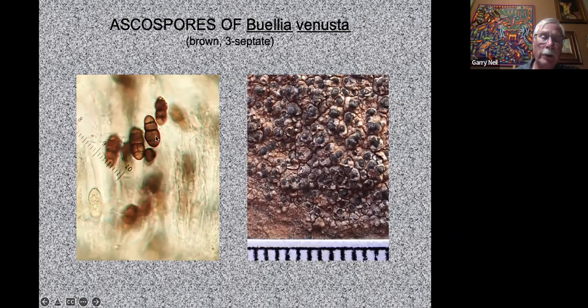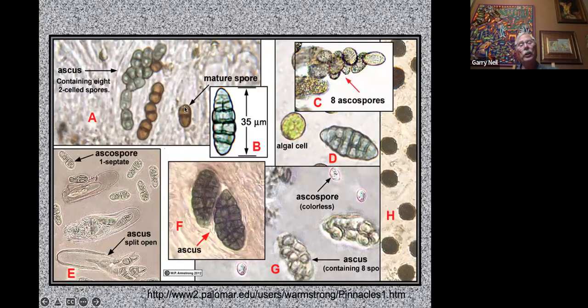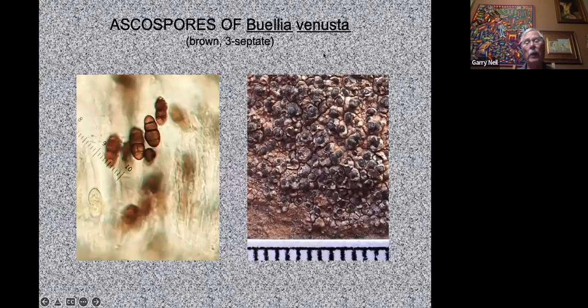So it's 3 septate, in other words, 4 chambers, and it's the only species of Buellia that has that many cross walls. Other Buellias only have 1 septate. There are some Buellia that are muriform, but again, this is just an example of this particular group of lichens.